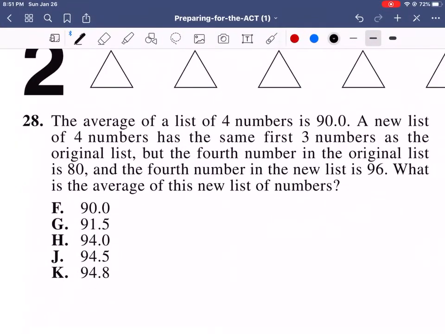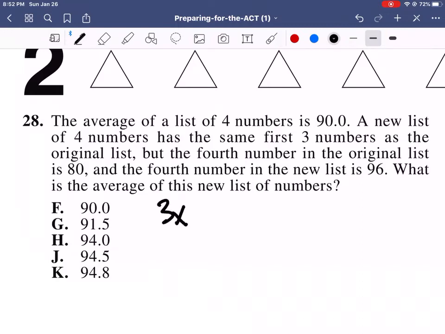The average of a list of 4 numbers is 90. A new list of 4 numbers has the same first 3 numbers as the original list, but the 4th number in the original list is 80. The 4th number in the new list is 96. What is the average of the new list of numbers? So you're going to have to find what the first numbers were in the old list.